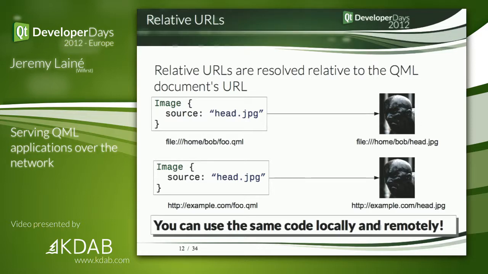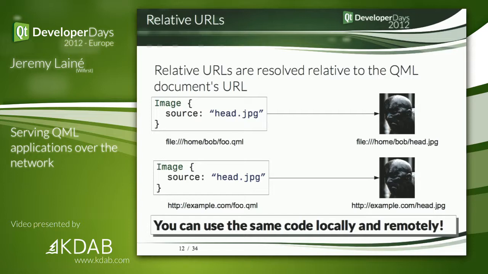So let's say we need to load a picture of a head. We have this same code which just says, okay, go ahead and load head.jpg. And if this is on your hard disk, the head.jpg is going to be interpreted as being in Bob's home directory because the initial QML file was there.